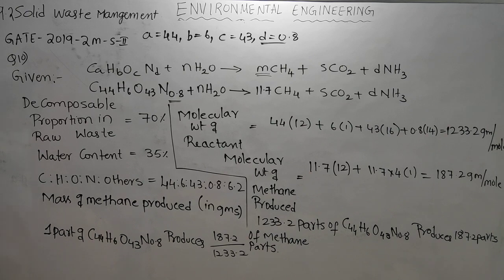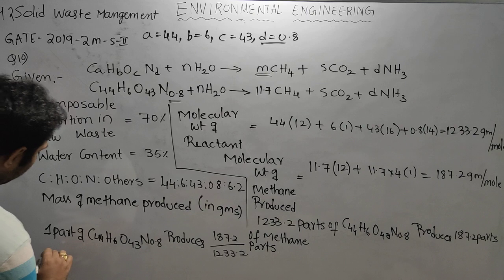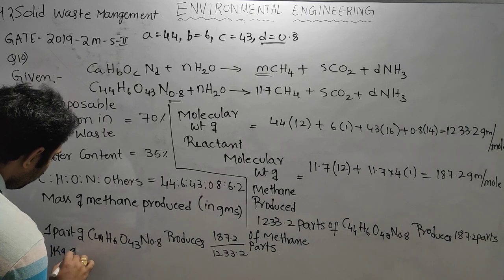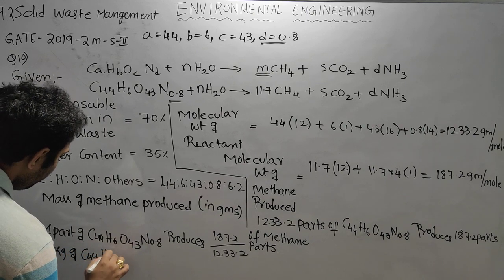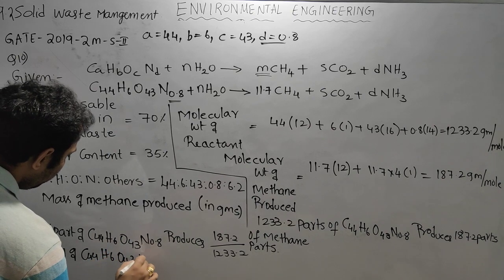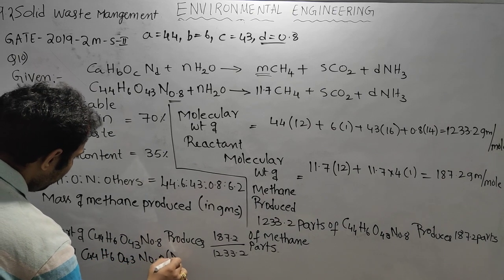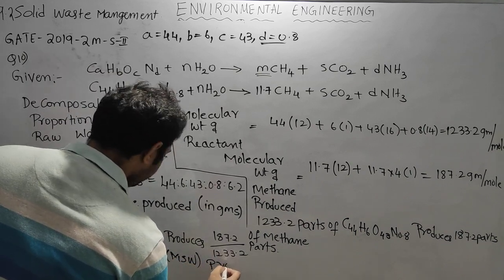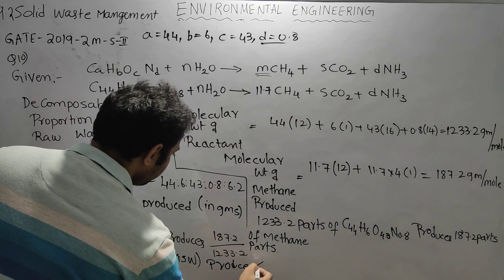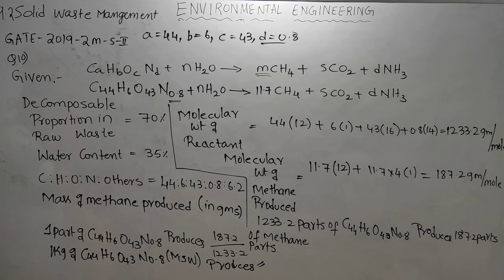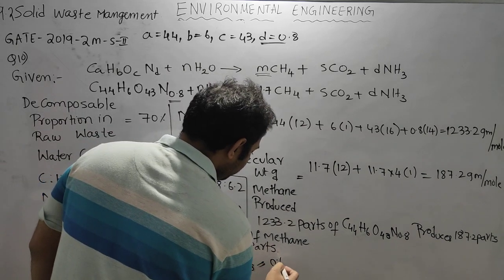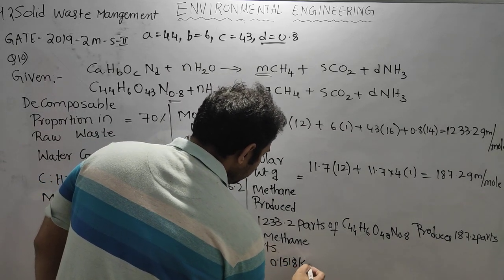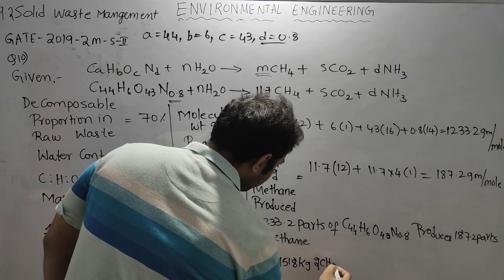So 1 kg of C44H6O43N0.8, that is nothing but the municipal solid waste, produces 0.1518 kg of methane.